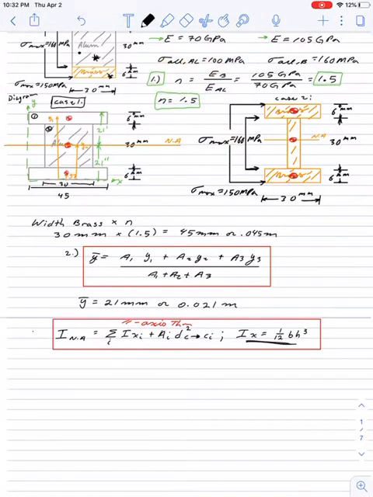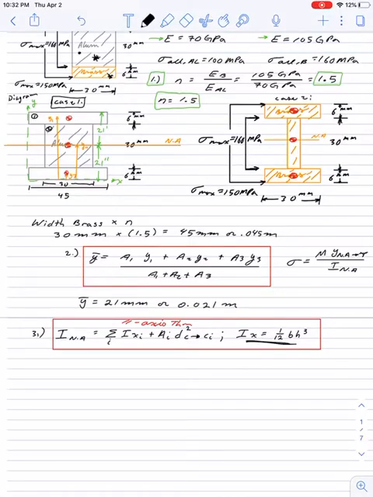Now the third step is we're going to find the moment of inertia. Remember, we're building upon this formula where the stress is equal to the moment multiplied by y, which is from the neutral axis to any point, divided by the moment of inertia with respect to the neutral axis.